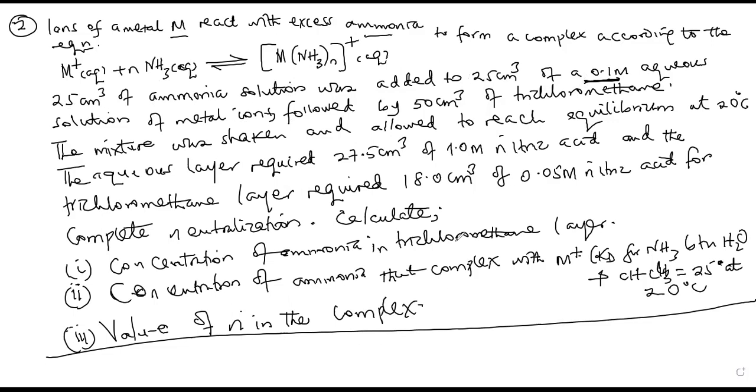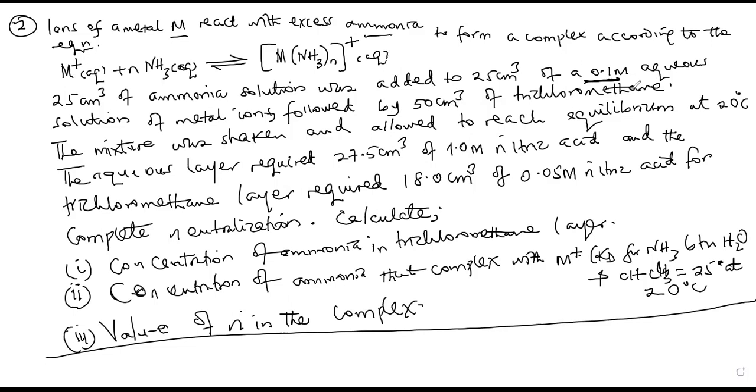Because I'm going to wrap this to another page, I would love that we write the question so that when I'm interpreting it, you don't get lost. So the molarity of the aqueous metal ion, or the molarity of M plus, is 0.1, all right?